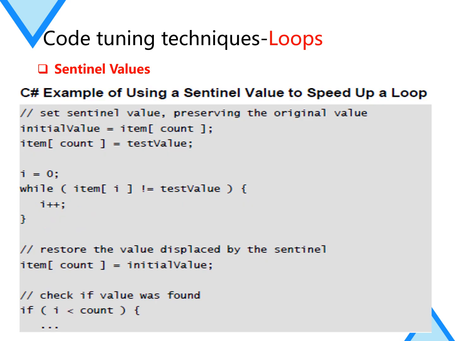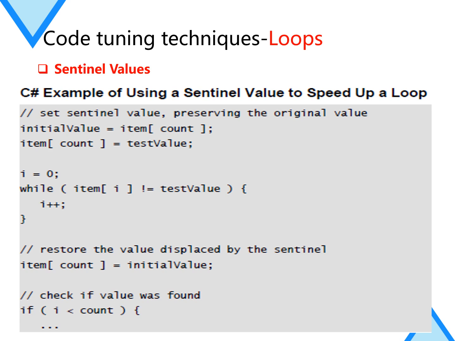So here is the example of using a sentinel value to speed up a loop. Here we are checking the test value outside the loop and we are comparing each and every atom with the test value, and then we are restoring the middle value.